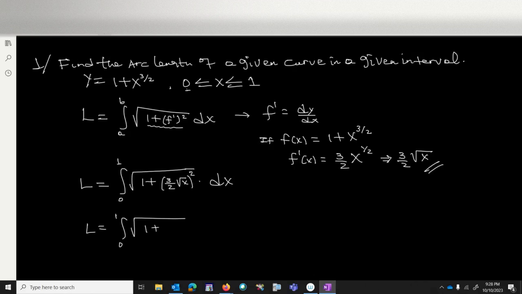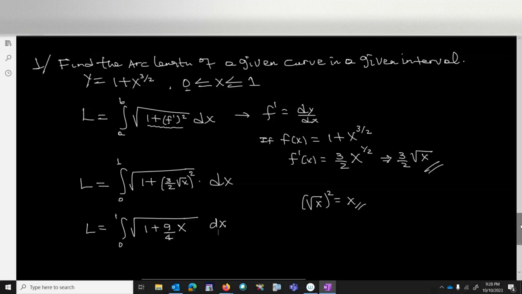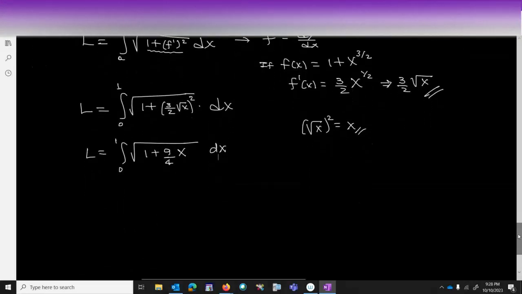The 2 applies to everybody inside the parentheses, so that makes the 3 a 9, and the 2 a 4, because 3 squared is 9 and 2 squared is 4, and that makes x for the square root of x, because you remember that the square root of x, the whole squared, is just x. So this is what happened, and of course times dx. The next step is going to be this.